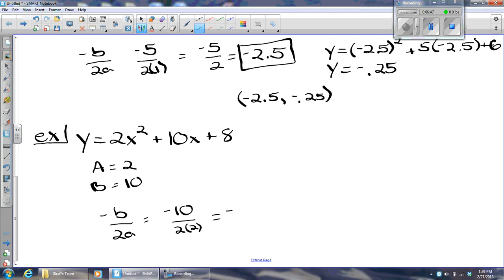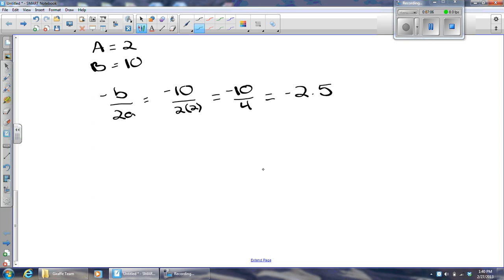So we have a negative 10 over 4. So this simplifies to negative 2.5 again as our x-coordinate.